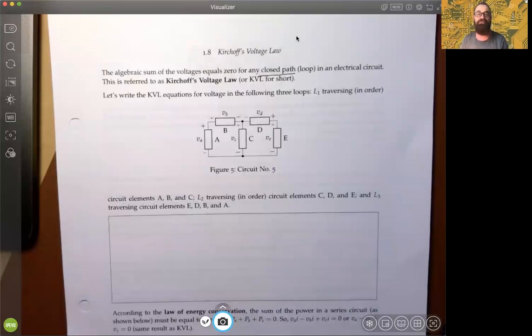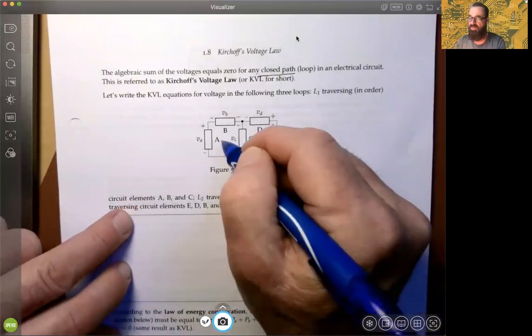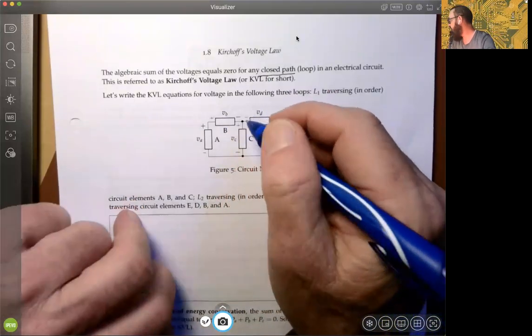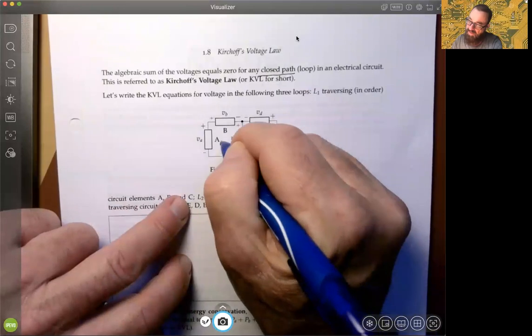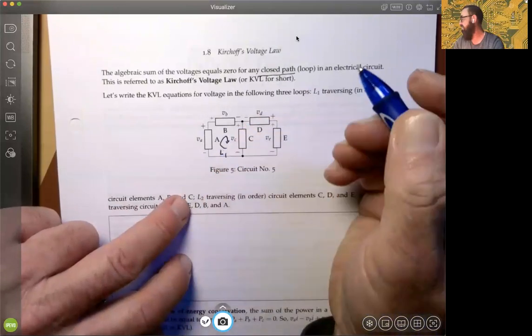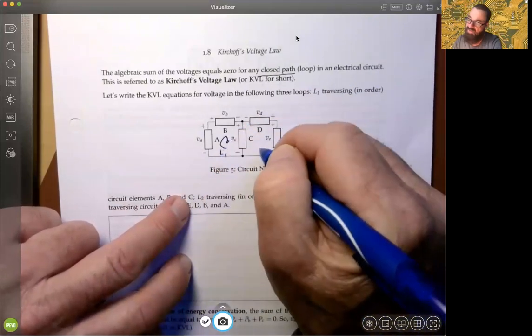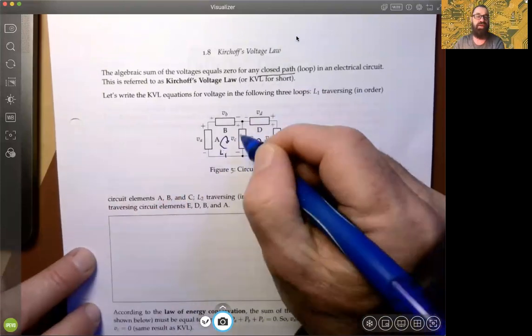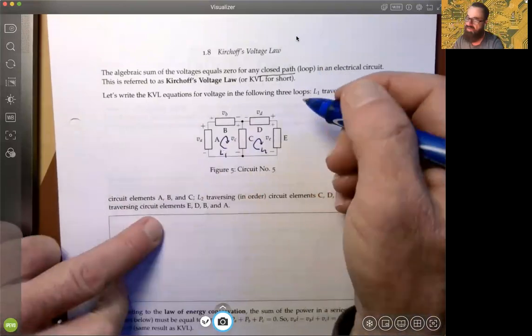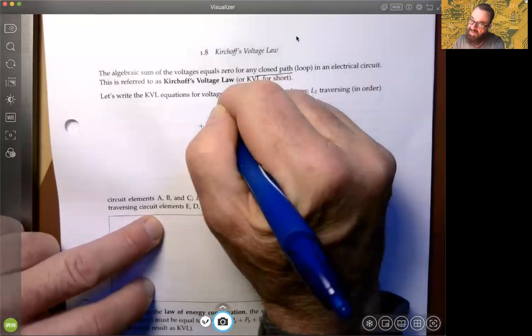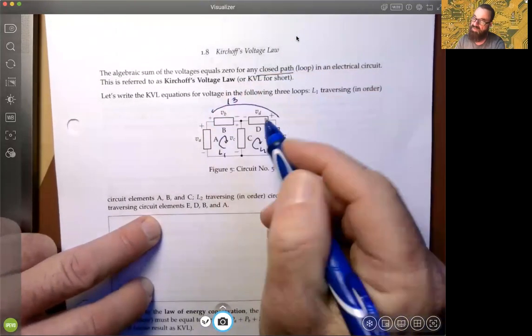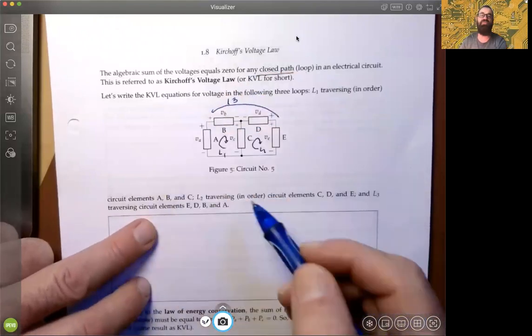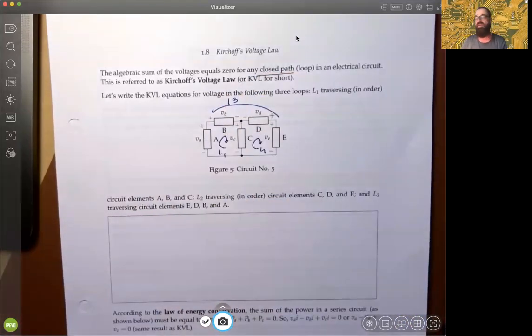So the first loop, we'll look at this loop here with A, B, and C. So let's call this loop 1. And then we'll look at next door to it another loop, L2, from C, D, E. It's a closed path. And then you'll notice we also have the outside path going B, D, A, and E. That is another closed path.